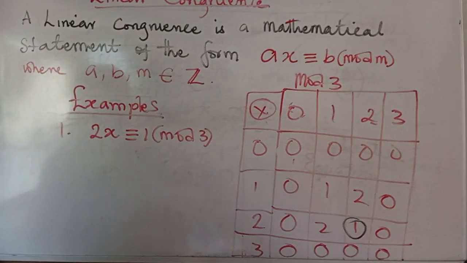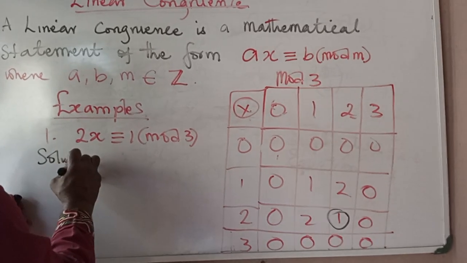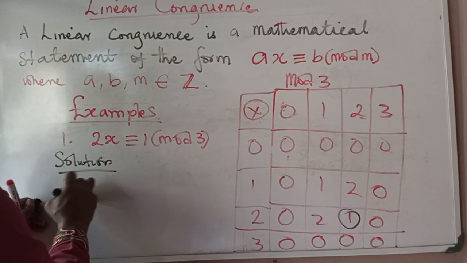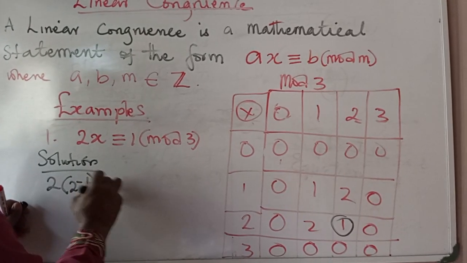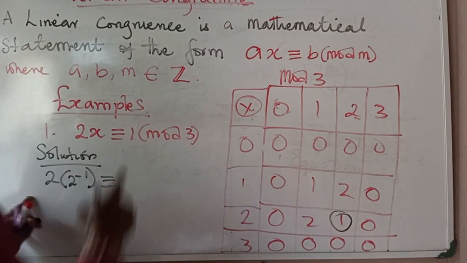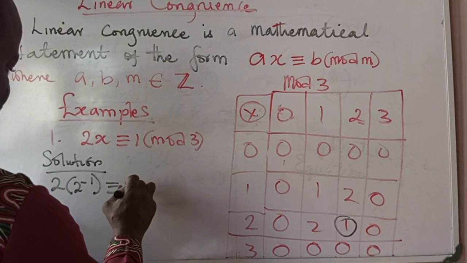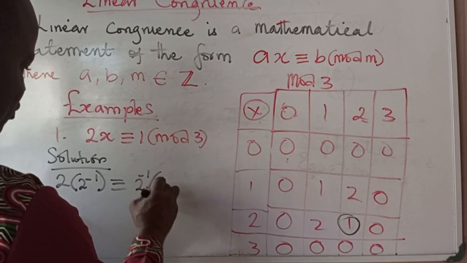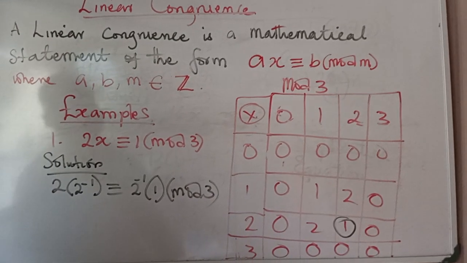So using that table in front of us, we can write in our solution that 2 times the inverse of 2, then here we'll also multiply the inverse of 2 by 1 in mod 3, is going to give us a solution.